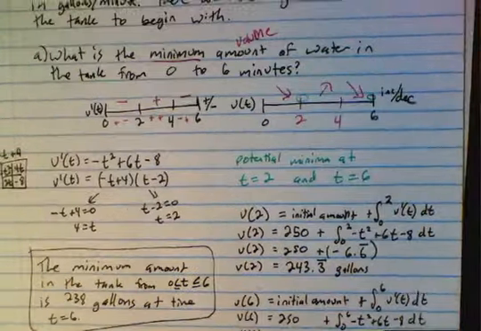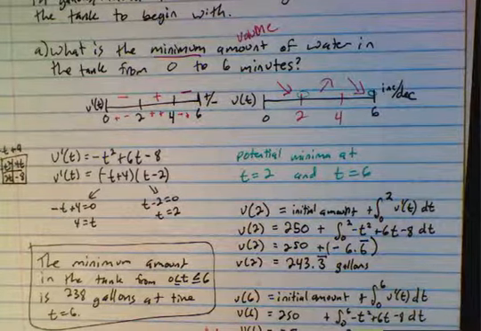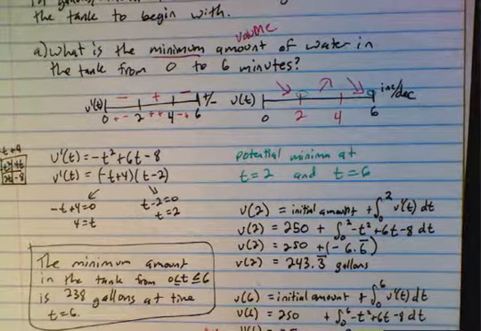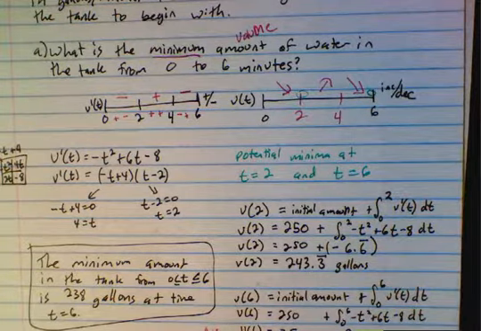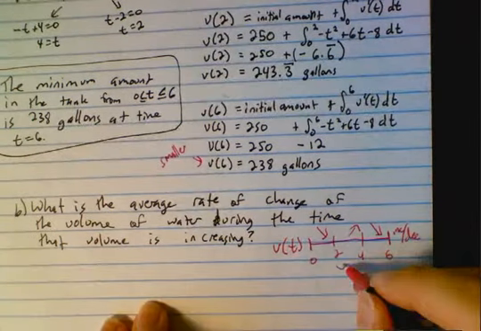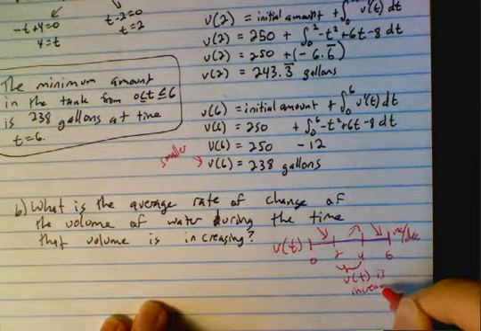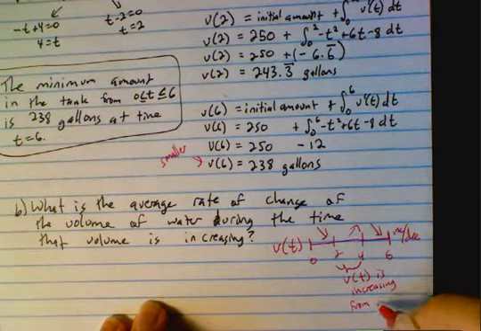Well, from our work up here, we already have the V of t chart. I'm just going to copy it below for reference. We can see that V of t is increasing from t equals 2 to t equals 4.